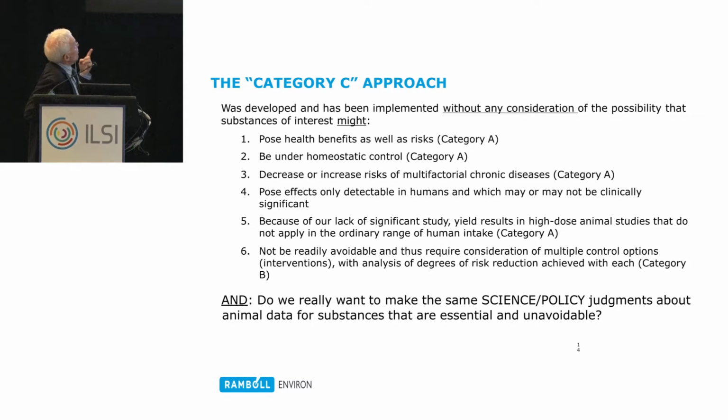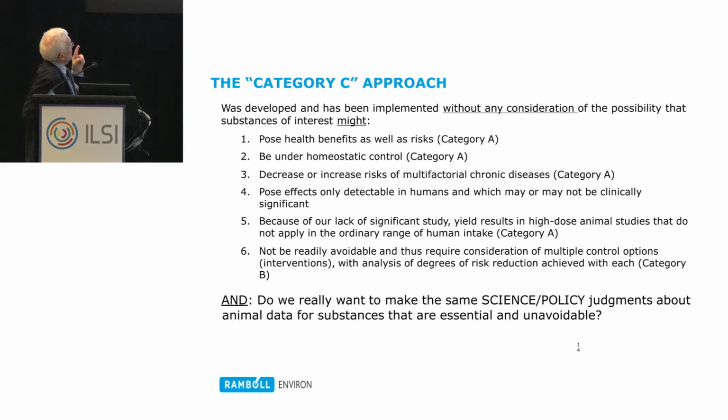They may pose effects only detectable in humans. The model does not consider that. And results from high-dose animal studies, particularly for natural constituents of food, have not been very well analyzed and looked at. And in the same way that we have looked at results from non-essential chemicals.